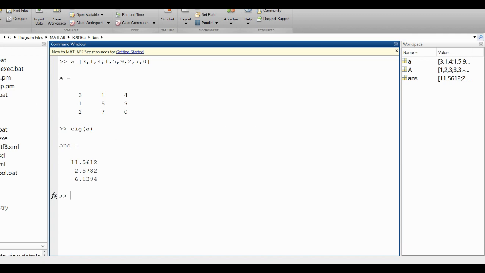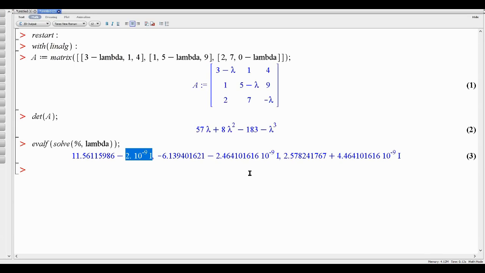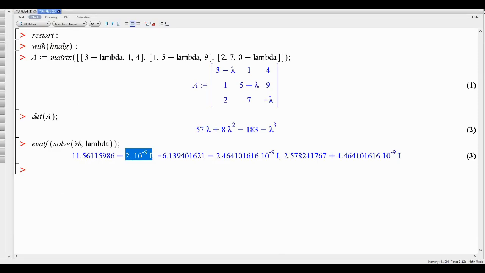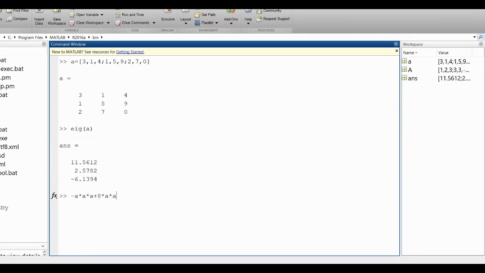Now, what is more interesting is over here I have minus lambda cube plus 8 plus 57 minus 183. So, let us come here, and I have minus A times A times A plus 8 times A times A plus 57 times A minus 183 times I3.